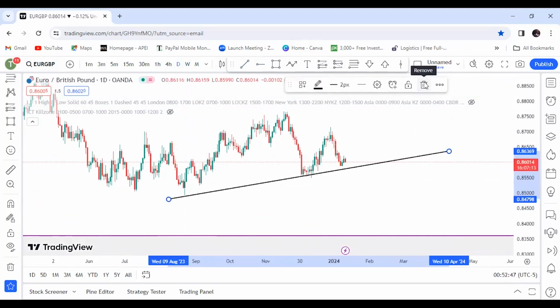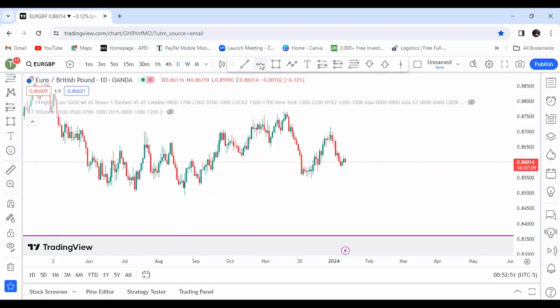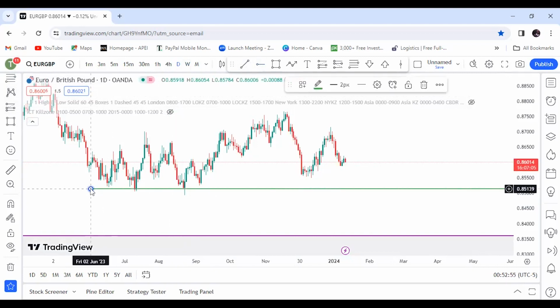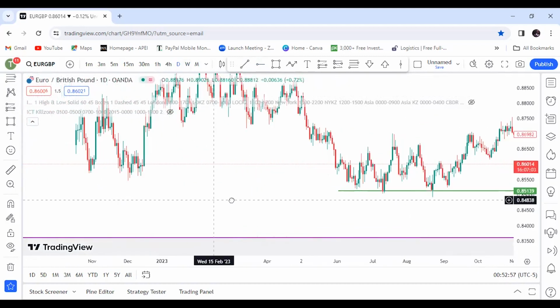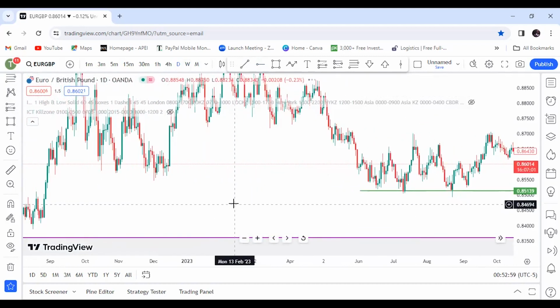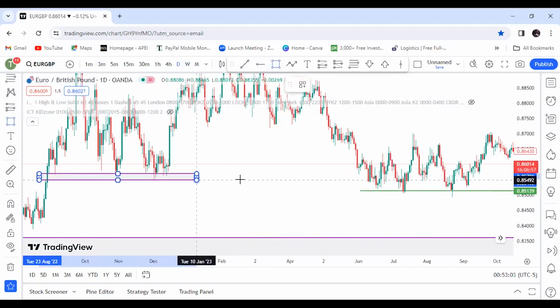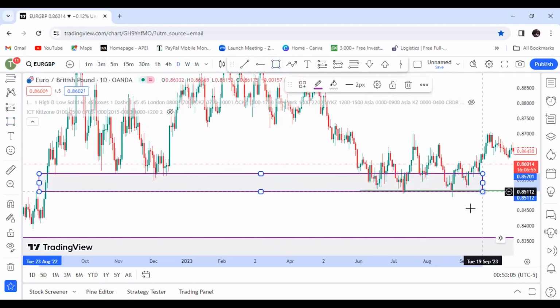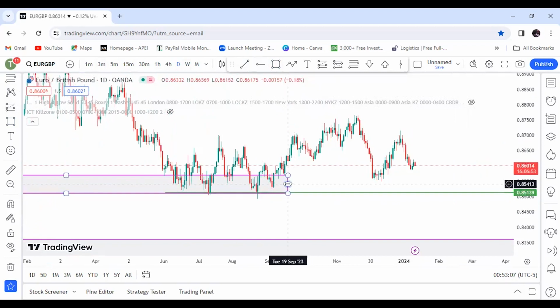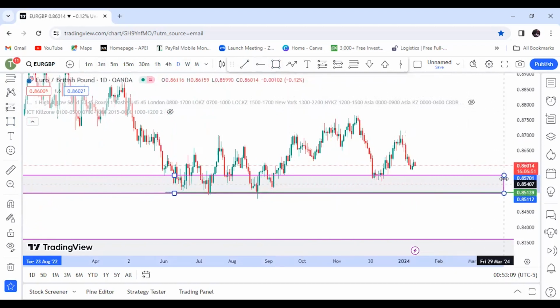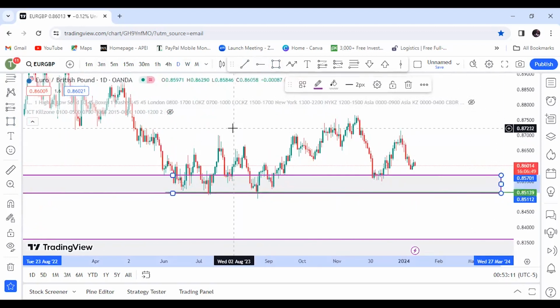But also in terms of support and resistance, we want to look at this level. This is a very key level of support and resistance, and we can mark it from this particular point. So this becomes an area or a zone of support.